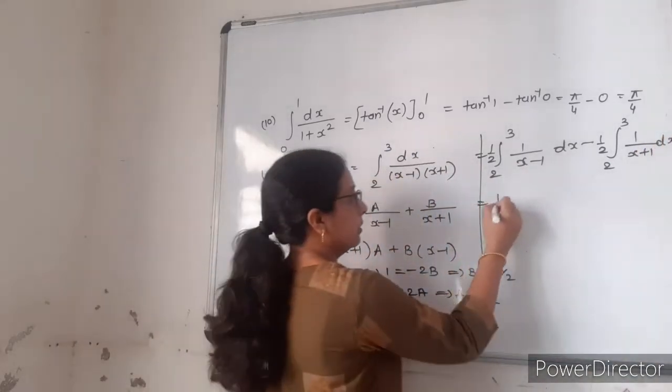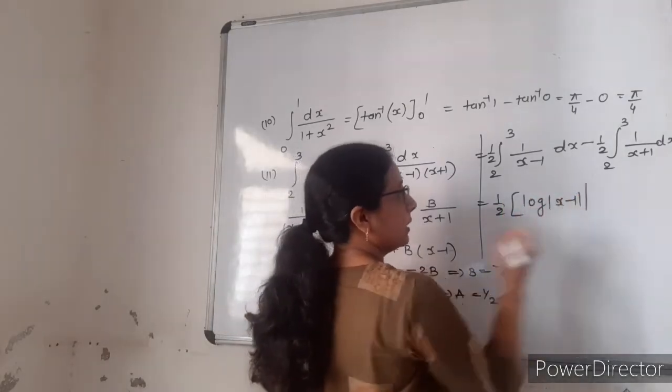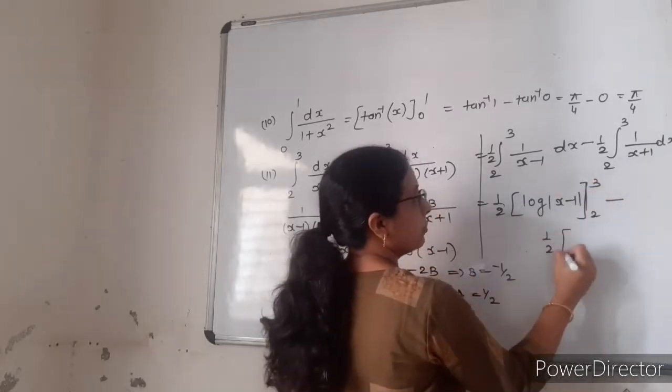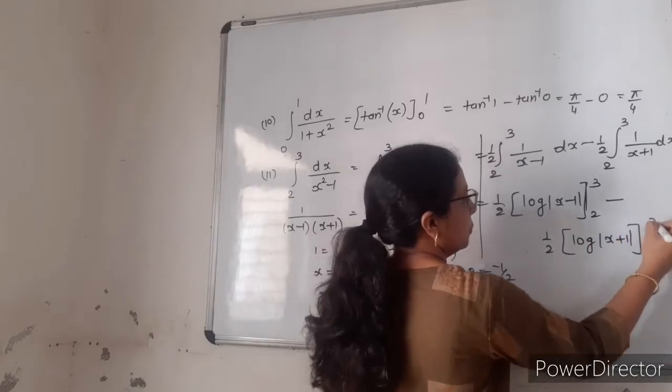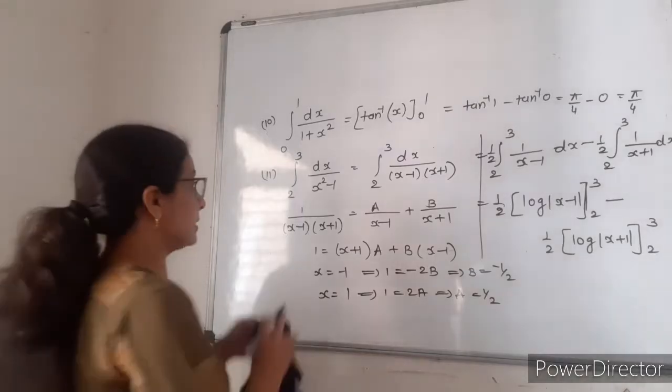Now 1 by 2, here it is log mod x minus 1, minus 1 by 2, here it is log mod x plus 1, from 2 to 3. Right? Now if we apply the limit, what is it?